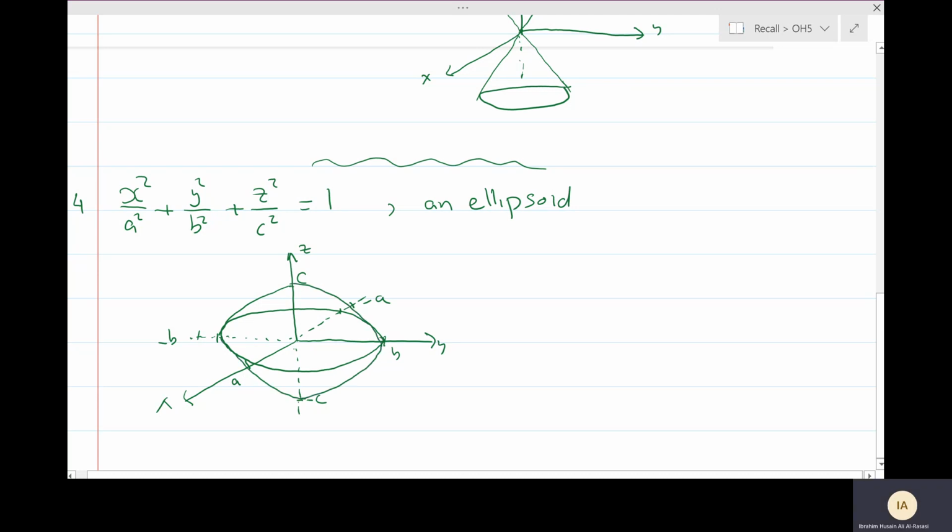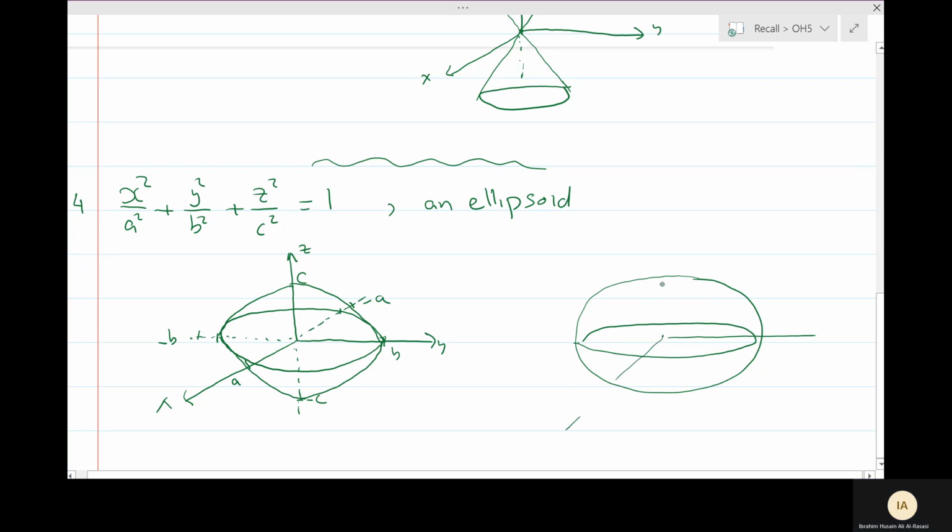Roughly speaking, this is the graph in general. If you really want to graph it, just graph a vertical ellipse and an ellipse in the middle. This is x, this is y, and this is z, and you put the intercepts.